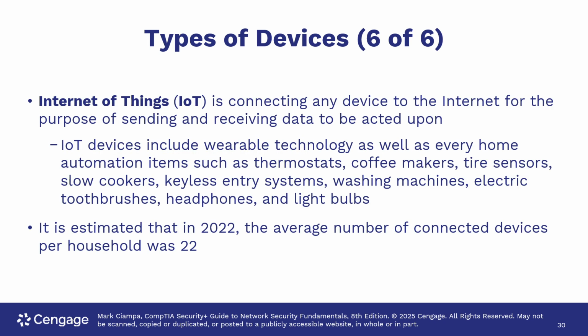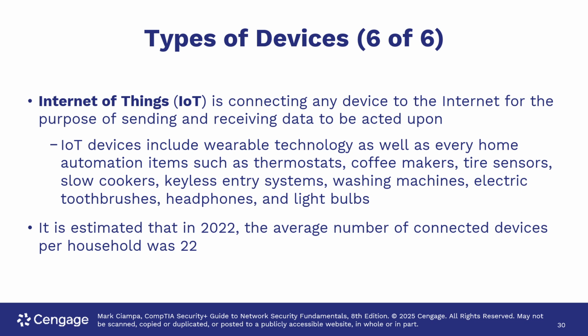Then you have, wow, the whole world of Internet of Things. That's connecting any device to the internet for the purpose of sending and receiving data to be acted upon. All those devices include wearable technology like smartwatches, and if you have the Google Home or Amazon Echo or any of those things.